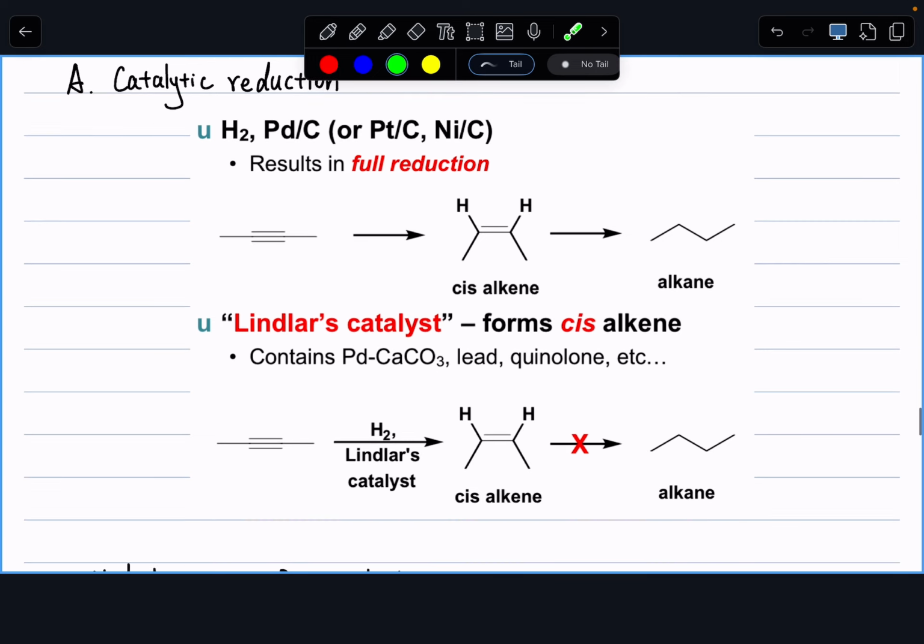For example, if we're doing the reaction with H2 and palladium as our catalyst, it's really hard to control the reaction so that it stops at the cis alkene. That means if we're treating the reaction with H2 palladium, we're fully reducing my alkyne into alkane, right? So full reduction is reducing my alkyne all the way into alkane.